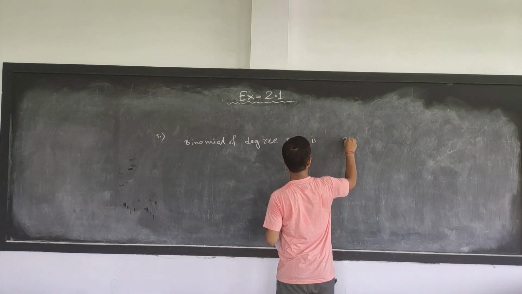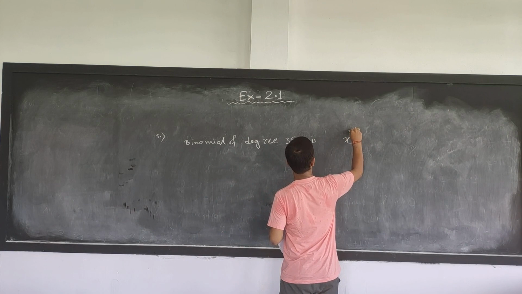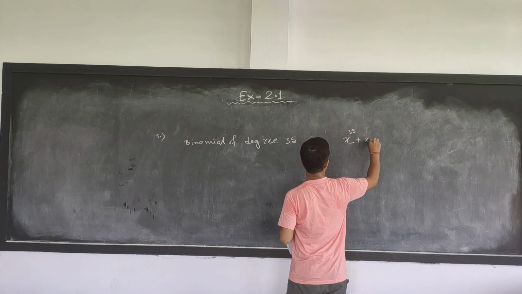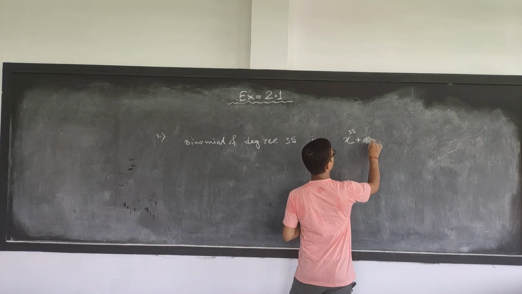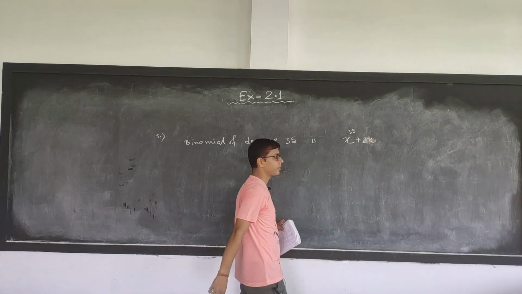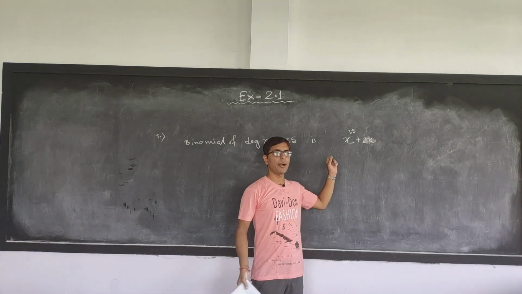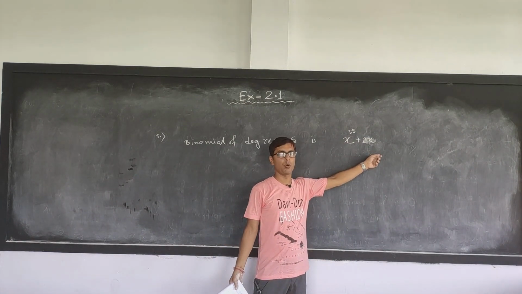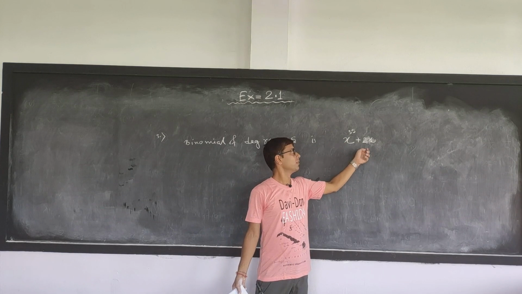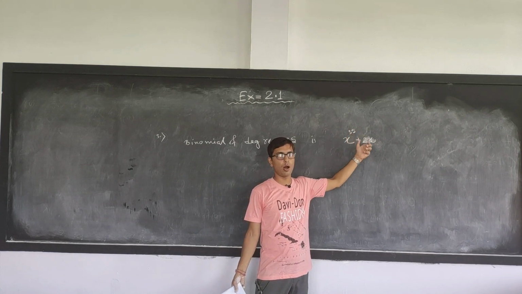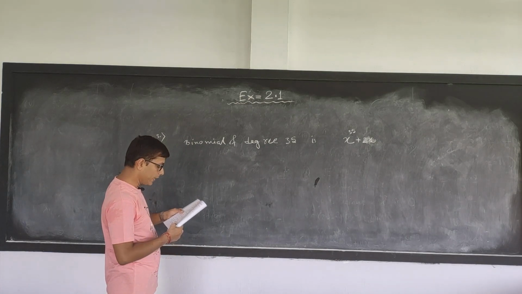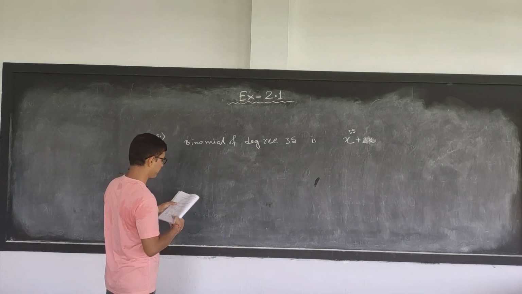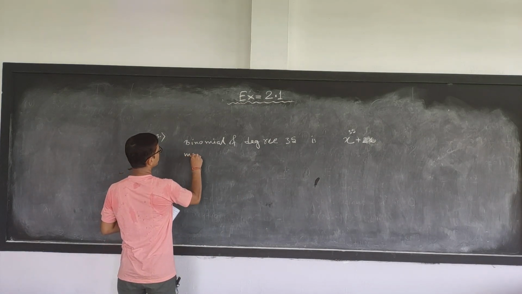Suppose x to the power 35 plus x, or plus any number you can put here, plus 2 or plus 2x. Clear? It is a binomial because there are two terms. What is the degree of this polynomial? It is 35. So that is a binomial of degree 35. One example you need to write. Then monomial of degree 100.